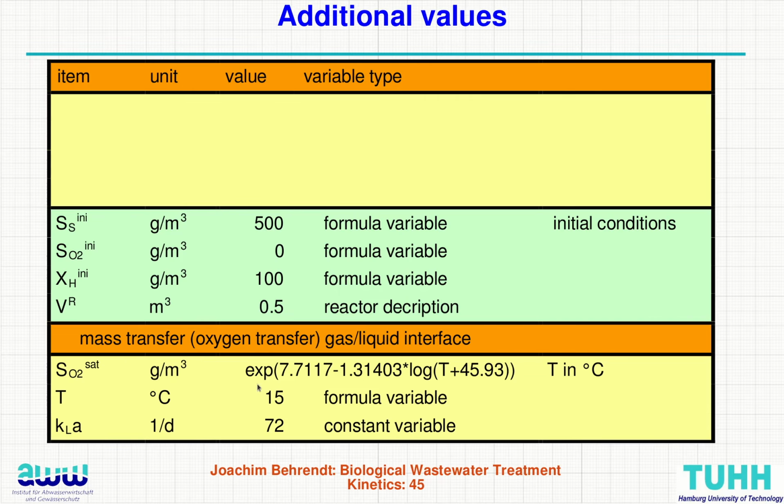There we can use empirical formulas to calculate the concentration depending on temperature. And we also need ideas about the volumetric mass transfer coefficient. Finally, we have to have a look at suppliers' data sheets, or we have to measure the volumetric mass transfer coefficient by ourselves.